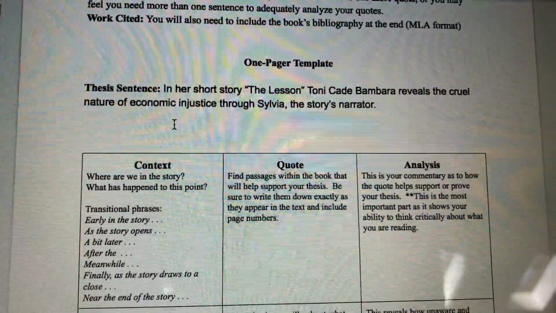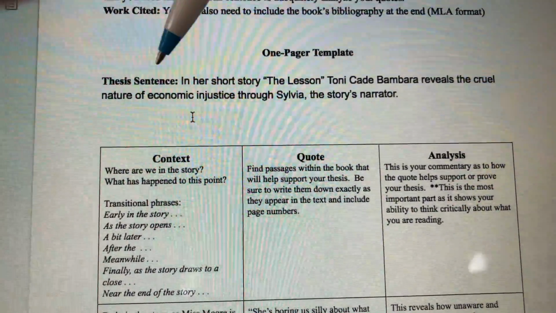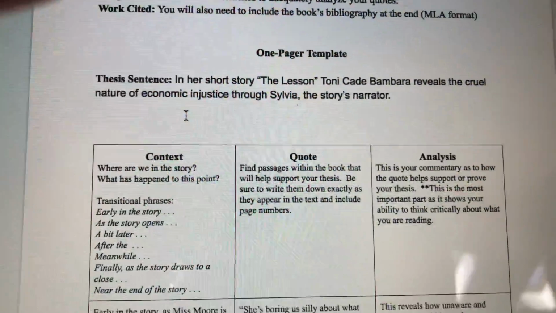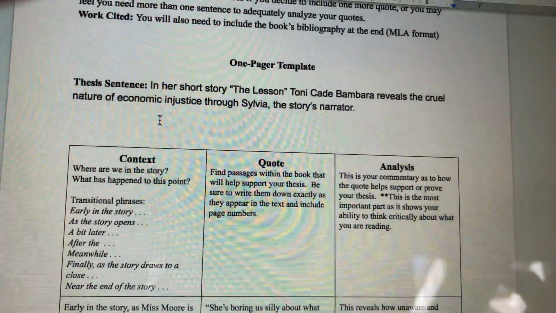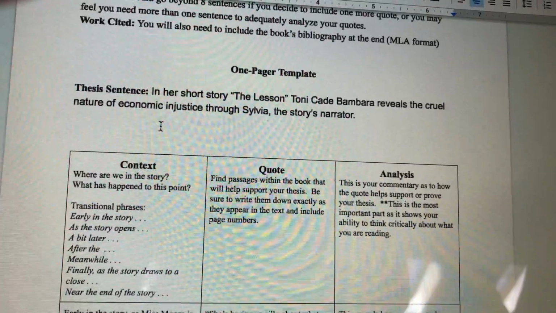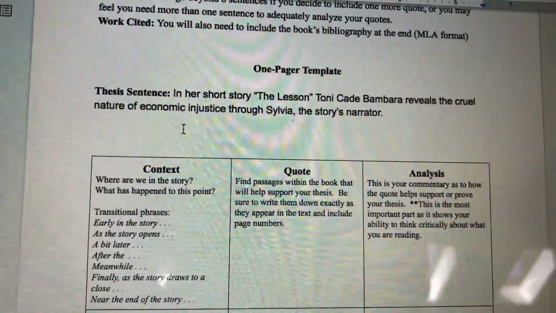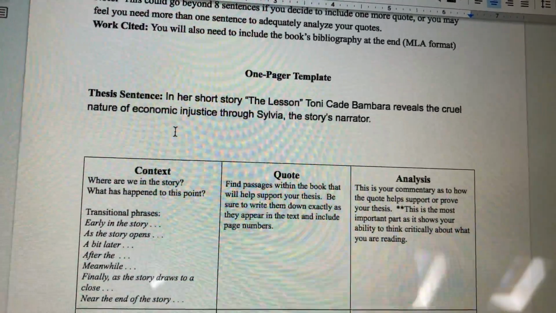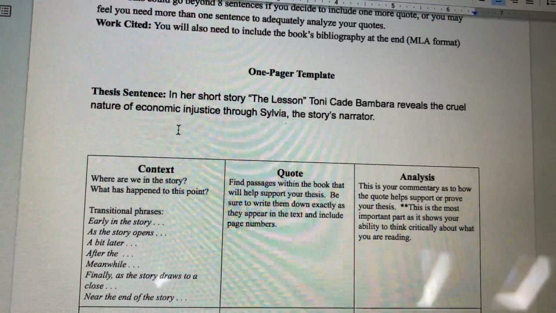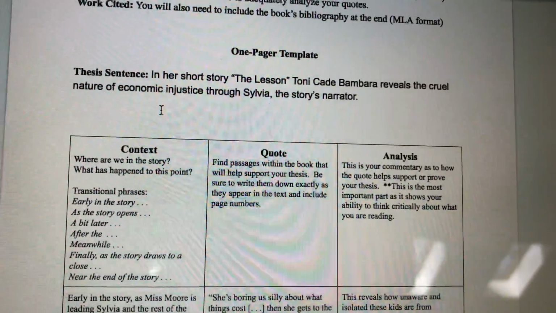So you'll notice the first thing you need to do is fill in a thesis sentence. Some of you have already done that. I've even commented on some and suggested changes to change the focus a little bit. Mine says, in her short story, The Lesson, Toni Cade Bambara, that's the author, reveals the cruel nature of economic injustice through Sylvia, the story's narrator.